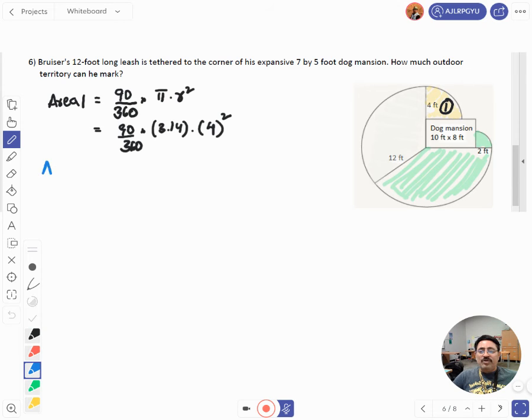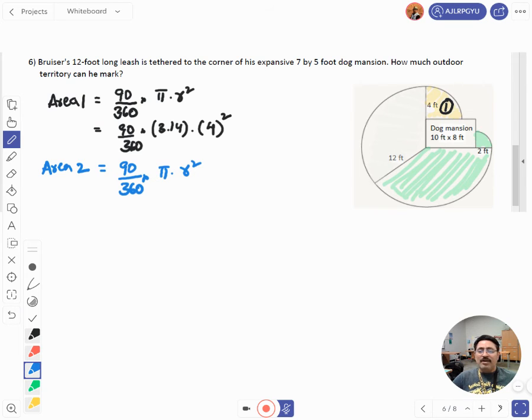Next, let me take area of the second one. This is also a quarter circle. Please notice that this one is also representing a quarter circle, again the L shape is 90 degrees. Therefore, the central angle over 360 times pi times radius square.